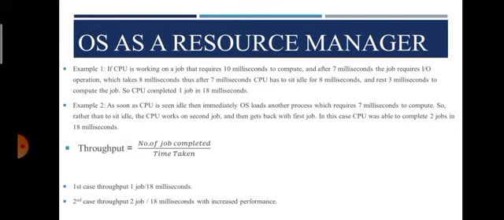Now here comes the inner part of it. After 7 milliseconds the job requires an input-output operation. That means while computing this job, the first 7 milliseconds of the job have been done successfully, and after 7 milliseconds it is asking for an input and output operation. This input and output operation is carried out by another part of the computer, the units that perform input output operations.